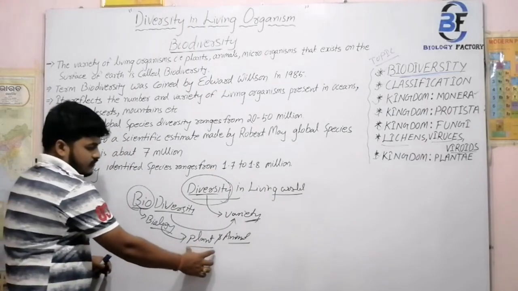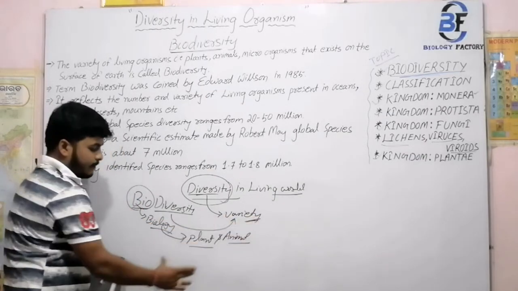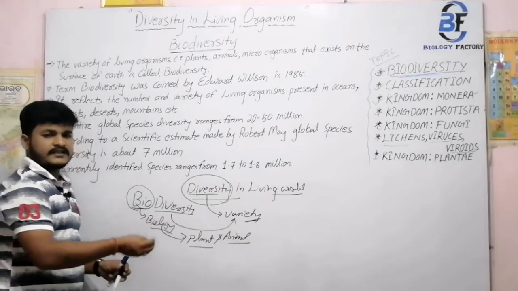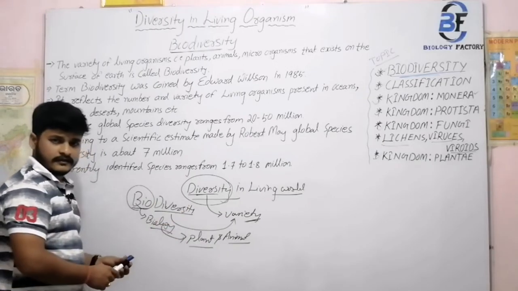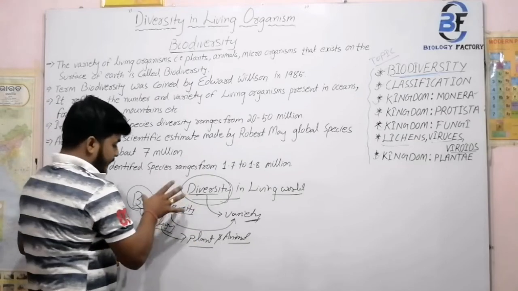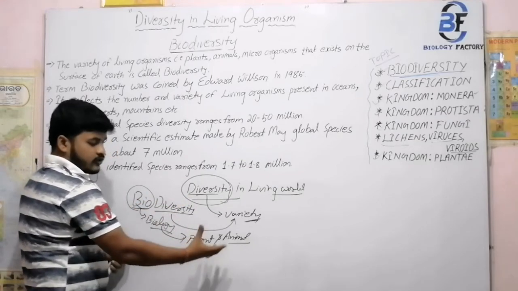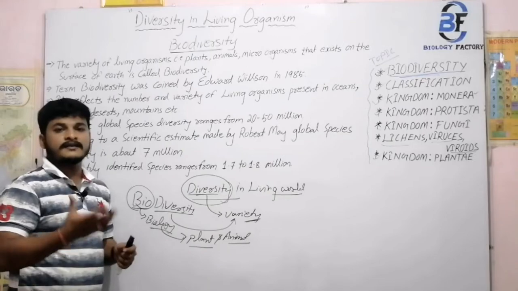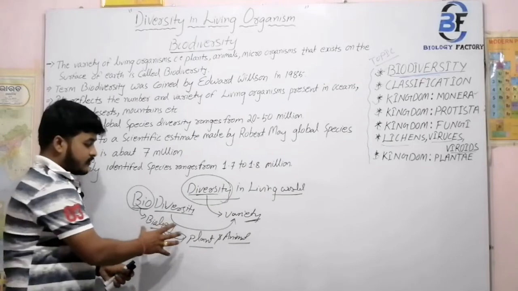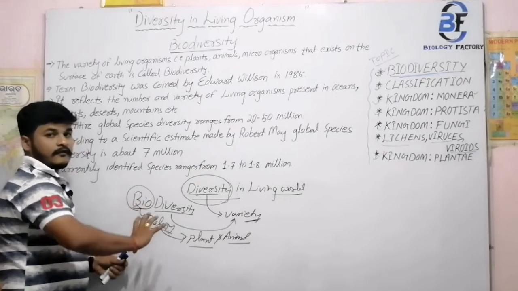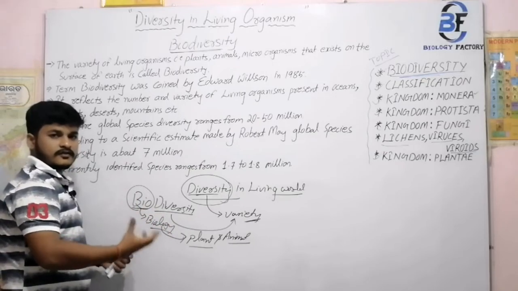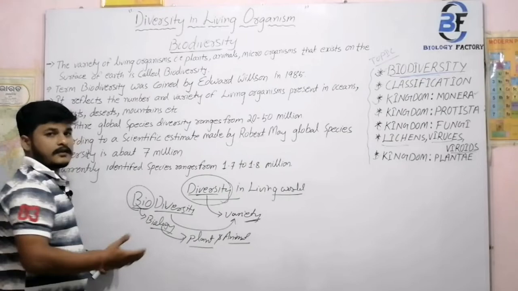Here we study various varieties of plants and animals. Insects, bacteria, and viruses are also included. So in biodiversity, we study various types of plants and animals. This is the basic gist of this chapter.